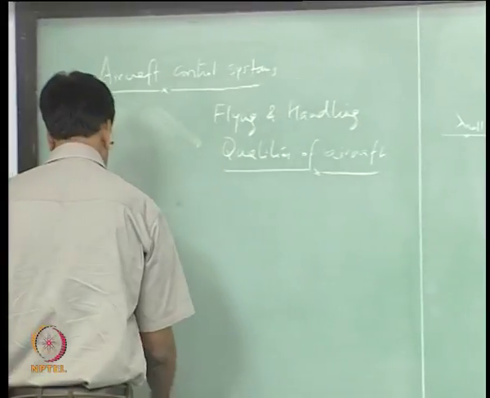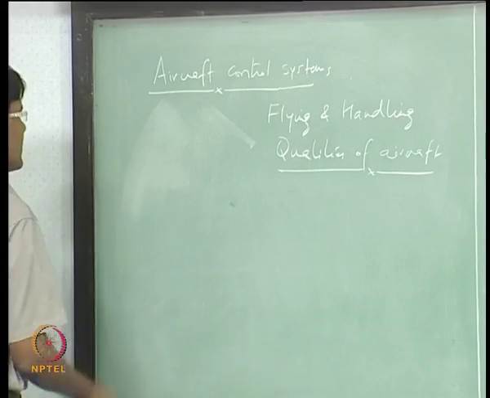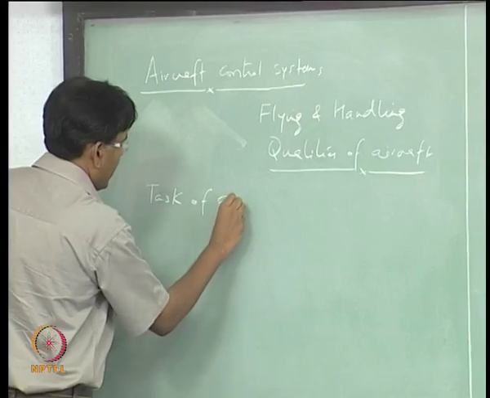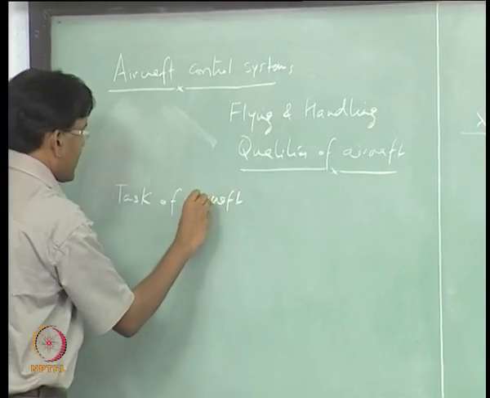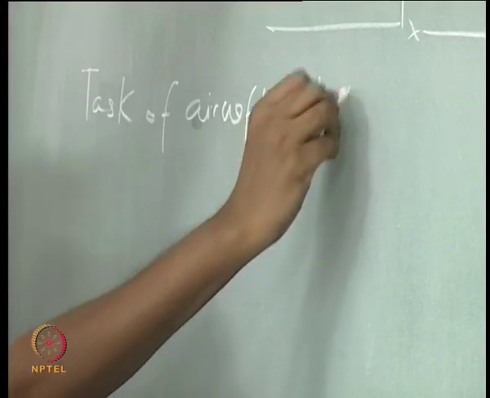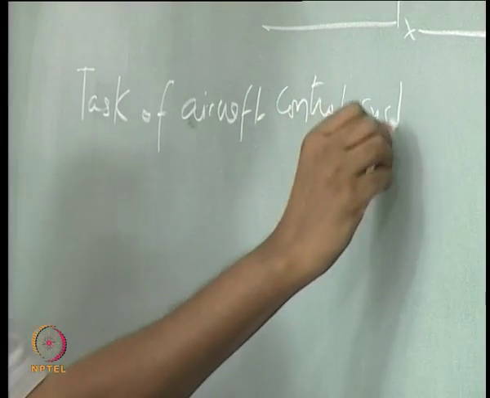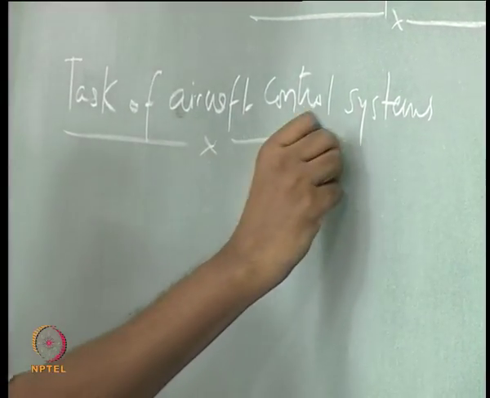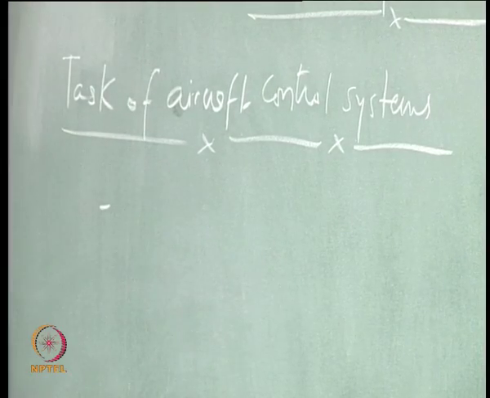Typically, the task of aircraft control systems will fall in three different categories.